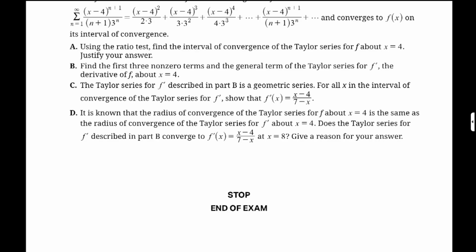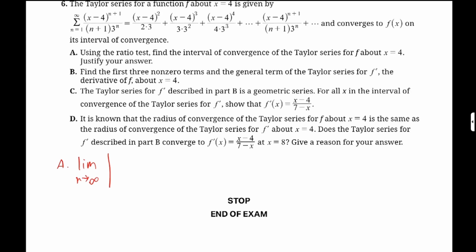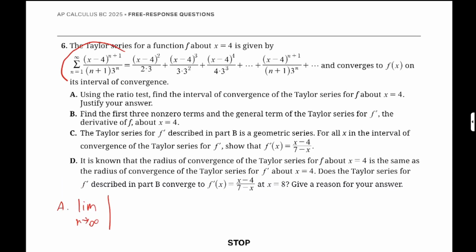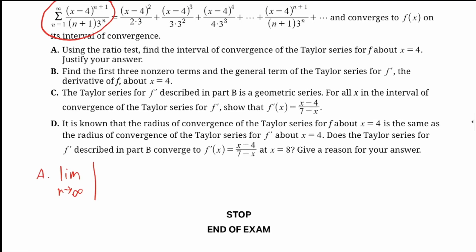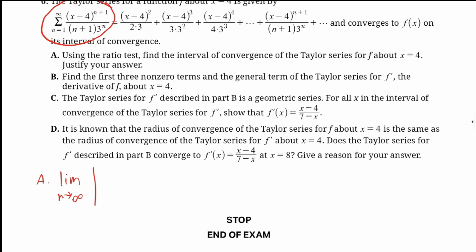So for part A, we're going to do the limit as n goes to infinity of the absolute value. So this is the series that we're going to do the ratio test for, okay? This is just your standard ratio test technique. So it's going to be (x minus 4) to the n plus 2 over n plus 2 times 3 to the n plus 1, times the reciprocal of the original.